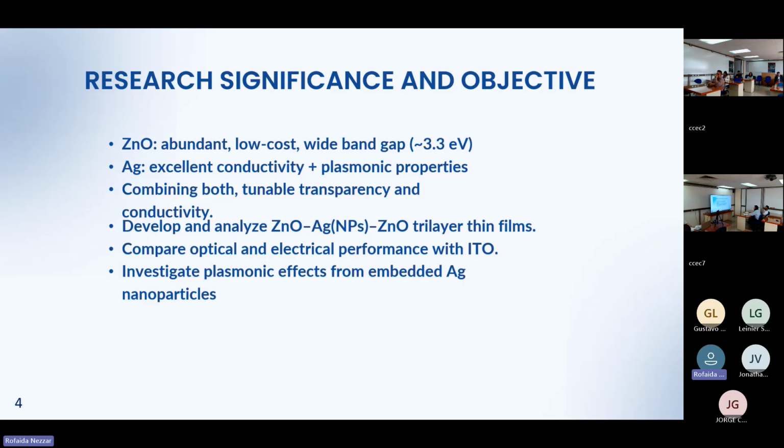And what's even more interesting is that when silver forms nanoparticles, it exhibits a phenomenon called SPR, surface plasmon resonance. It is explained that when electrons on the surface resonate with incident light, that adds an extra optical tunability that indium tin oxide doesn't have.